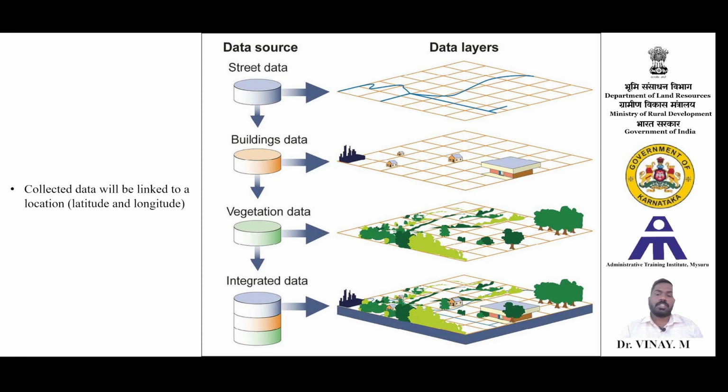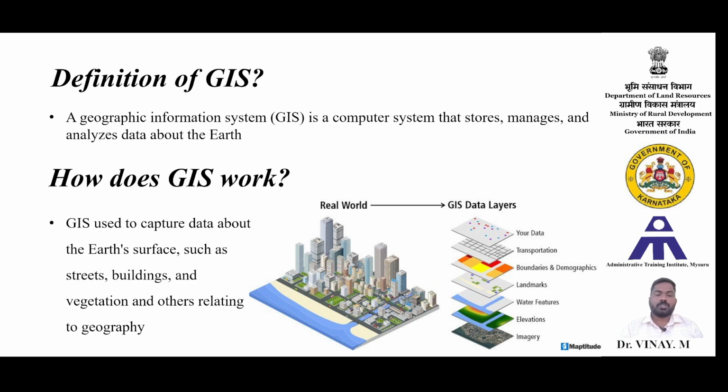The x and y are further linked with the species name, height, girth size, what kind of kingdom, all the information we have about that particular tree, which can be integrated with the latitude and longitude. So in the early phase, as I said, GIS is used to capture the data.